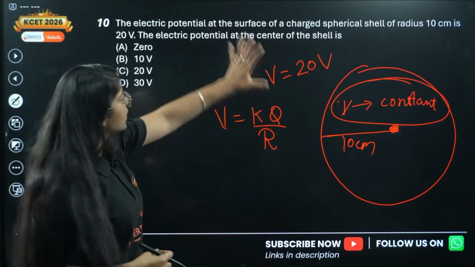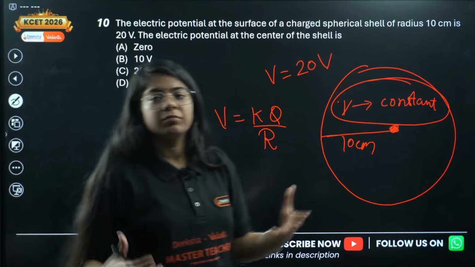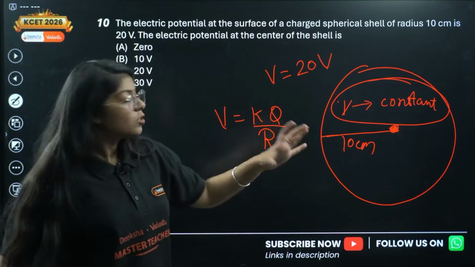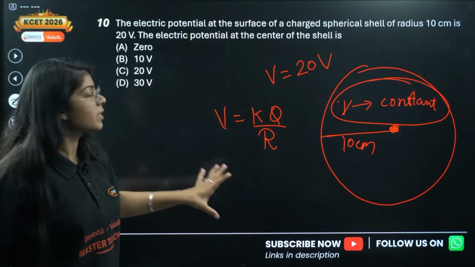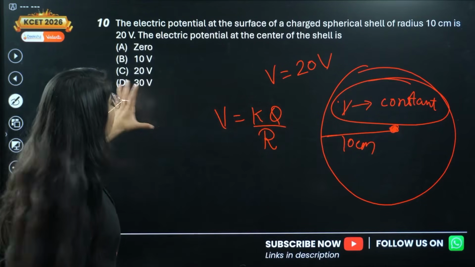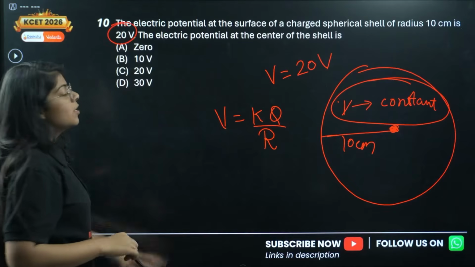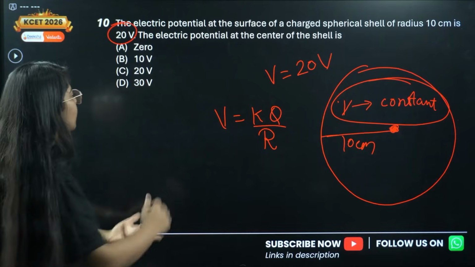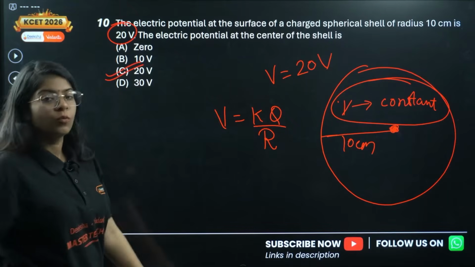And here, if nothing is said, we'll consider that it is a uniformly charged sphere. So, we'll say the potential is constant as it is on its surface, and as the surface has 20 volt. So, inside at the center in the spherical shell, the potential will also be 20 volt.